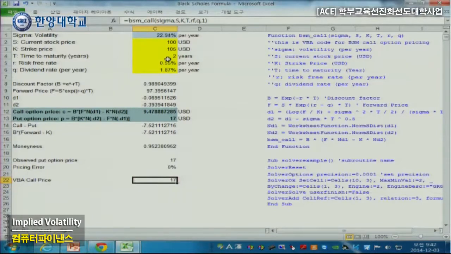Okay, so in my example, now it is a BSM put price 17. If it is 1, put option price, and something else 0, call option price. Right? 0, 1. Something like this.